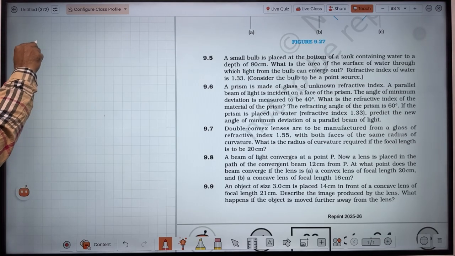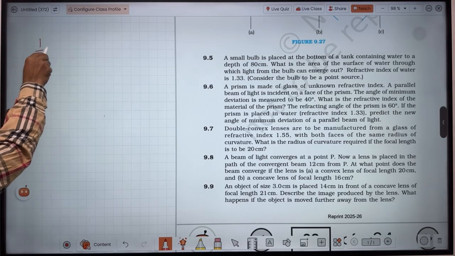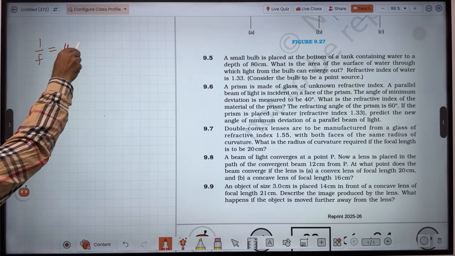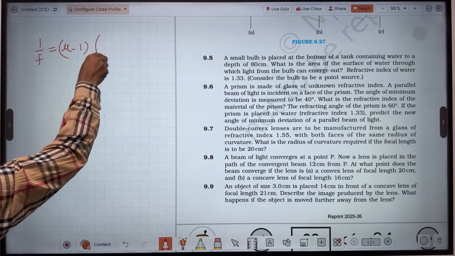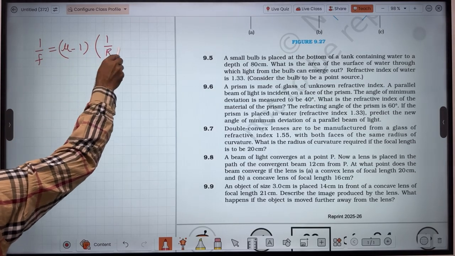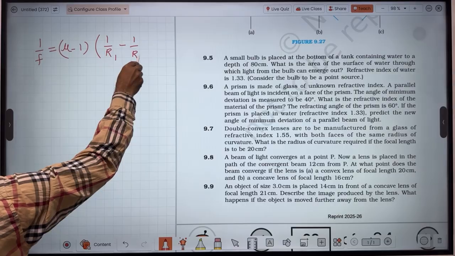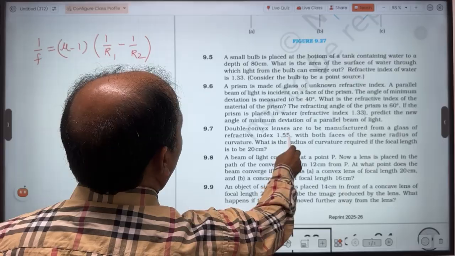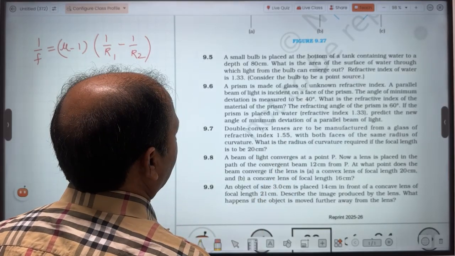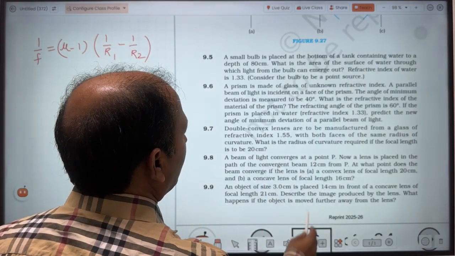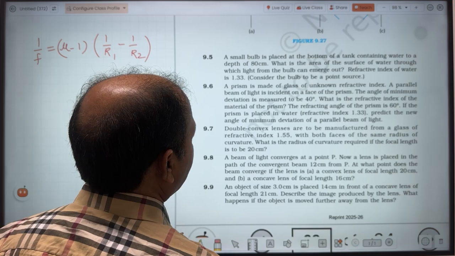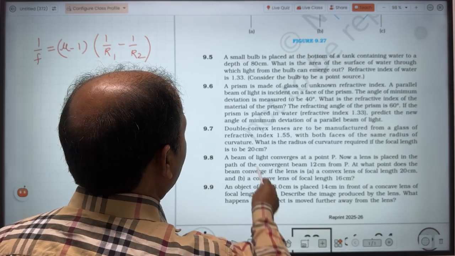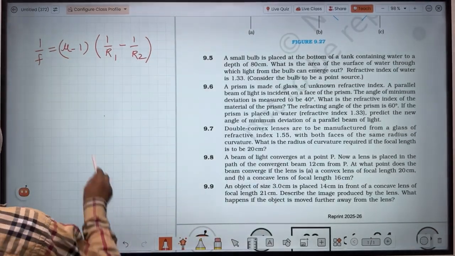So 1 upon f equal to (mu minus 1) into (1 upon r1 minus 1 upon r2). So this is the formula, and now it is given that mu equal to 1.55, both radii are the same, and the focal length is also given as 20.